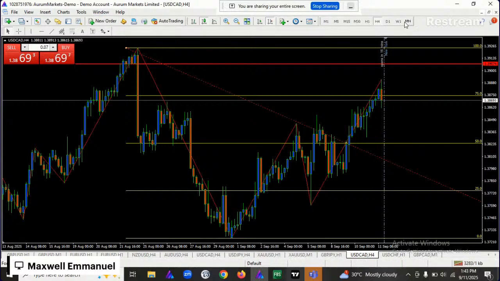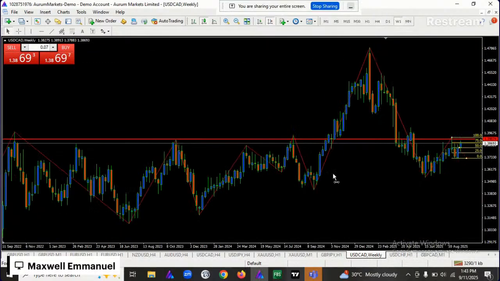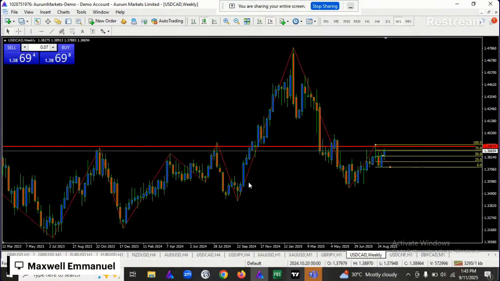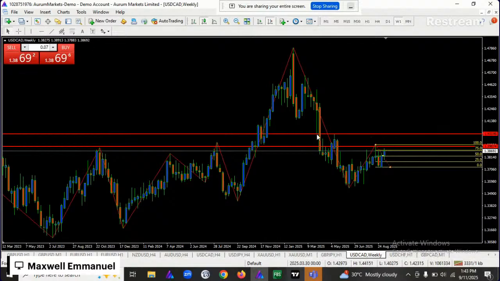Let me see the weekly. Could it be that the weekly wants to go for the high? On the weekly, we still have this fair value gap. That was a first attempt here. It might come to this zone, 1.4019. Based on what we have on the weekly, this weekly is a buy setup.